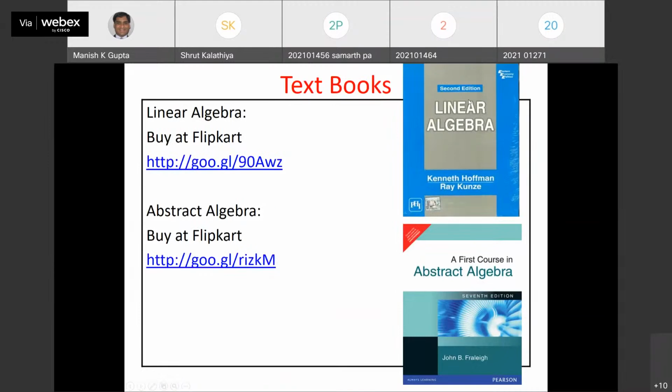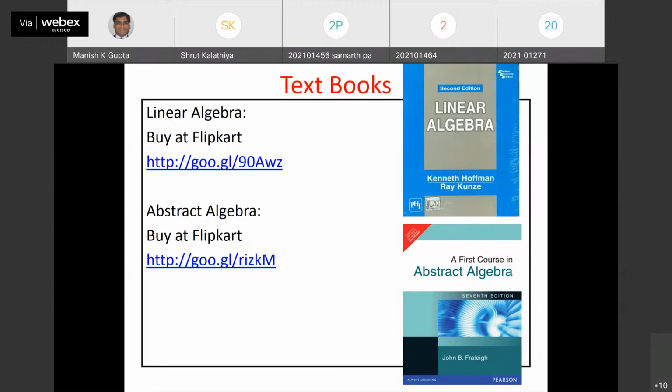Okay, and these two books you should read. You must have these two books on your table. Even if you are engineering student, computer science student, doesn't matter. Hoffman, Kunze, Linear Algebra. As soon as you learn these things, you can do a lot more wonders in machine learning, as I mentioned to you. And then Abstract Algebra by John B. Fraleigh. So you should read this as a mathematical part. I am telling you what is important. Okay, but not for this course.